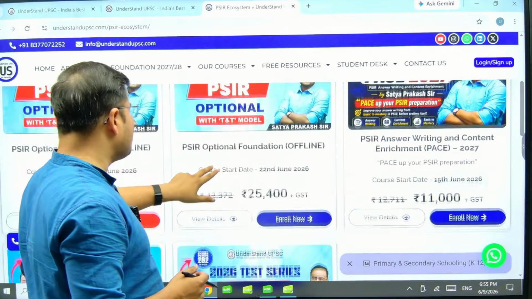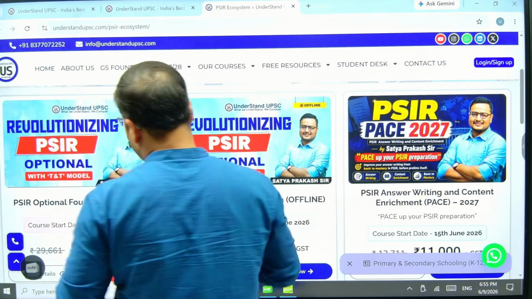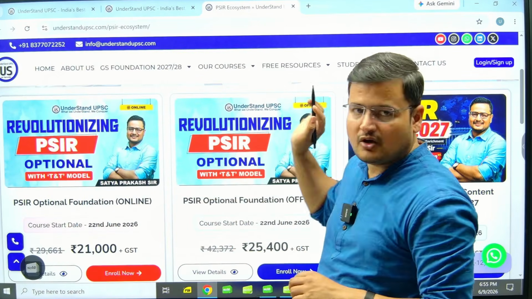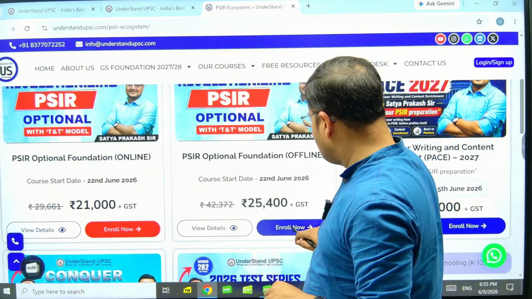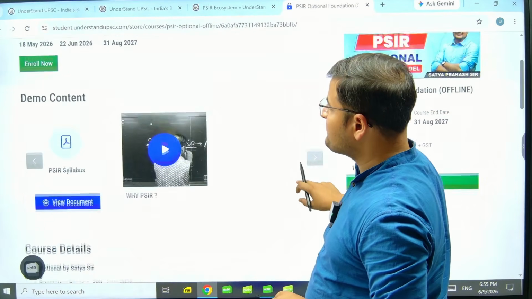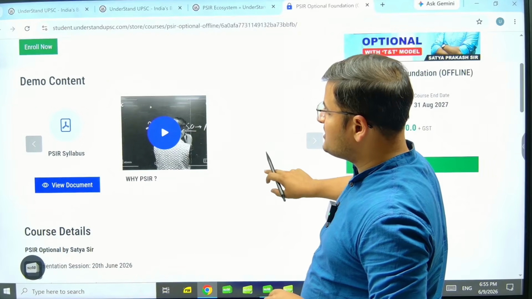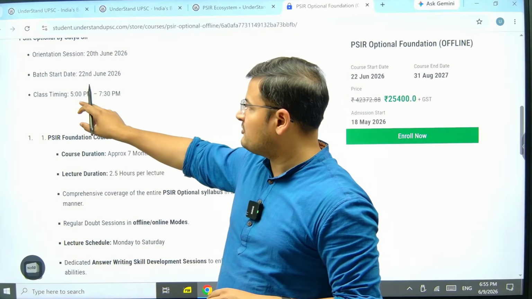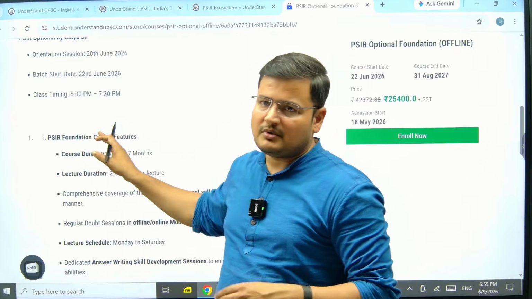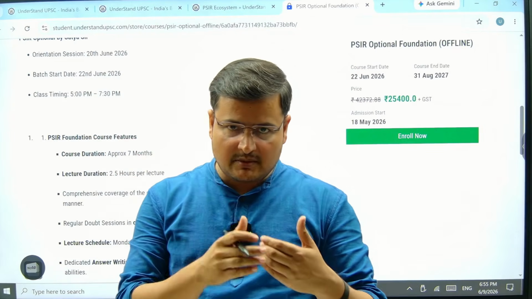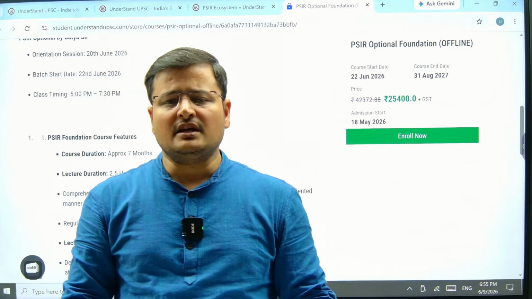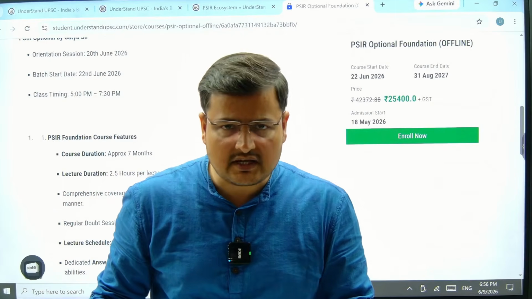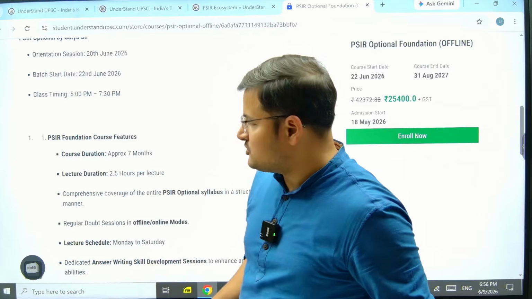On the course page, you can find the PSIR optional in online mode and the PSIR optional in offline mode. If you go to this particular page, as you can see, we are starting from 22nd of June, and the timing is going to be 5 p.m. to 7:30 p.m. The idea behind this timing was that college students who want to take the benefit of the offline class can also come to the classes.